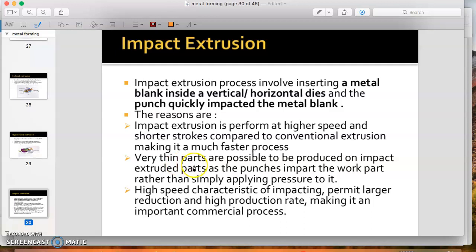Usually the part produced is a very thin part, using the punch to impact the work part rather than simply applying pressure to it. A shorter stroke means a very short period of time.